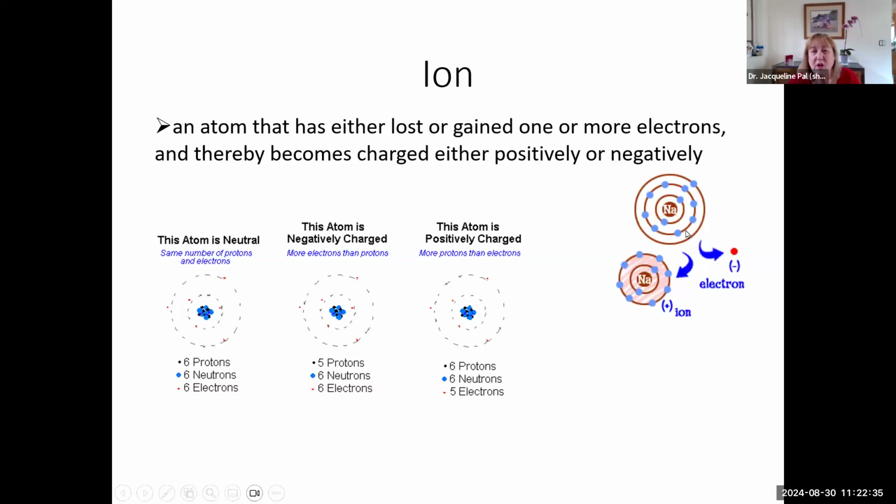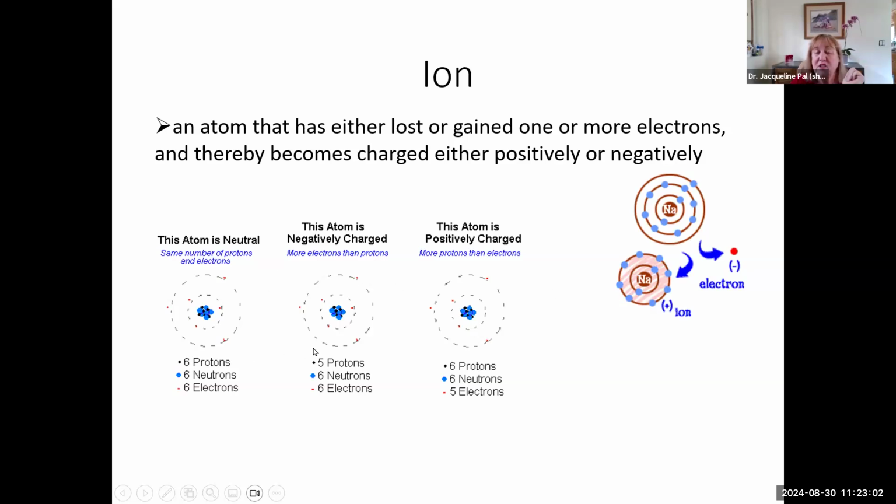So how can you become positively charged? If you have one electron in your outer shell and you donate that electron, you would become a positively charged ion, which is what we call a cation.